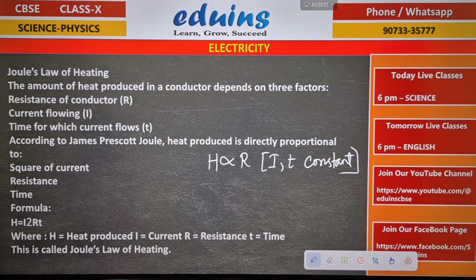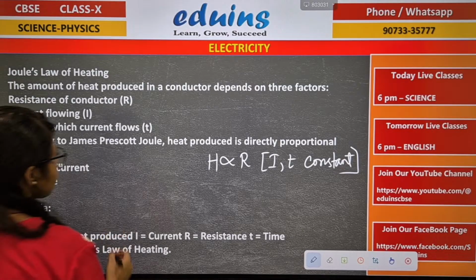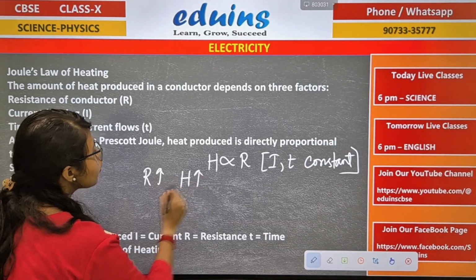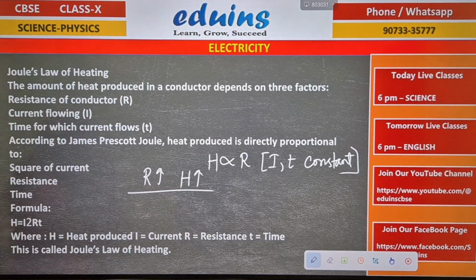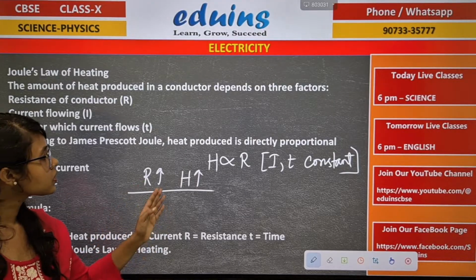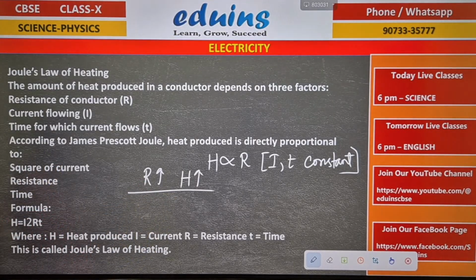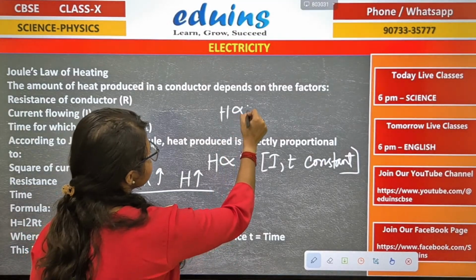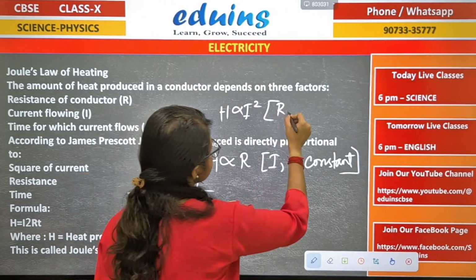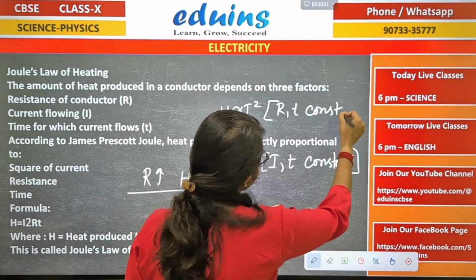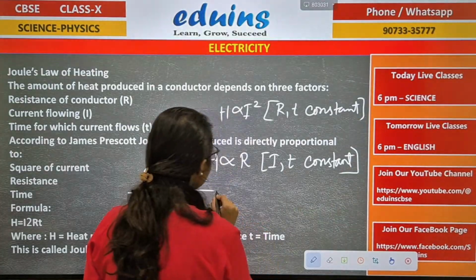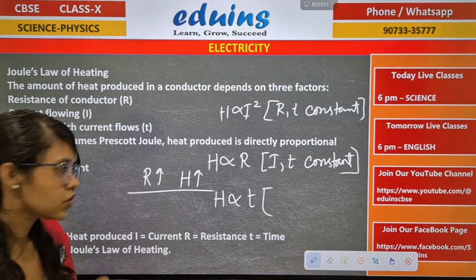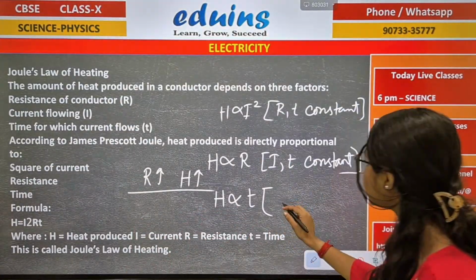And for the third law, the time. Here, when R is increasing, then H is also increasing. Now for the third law, H varies with T, the time dependency of the generated heat.